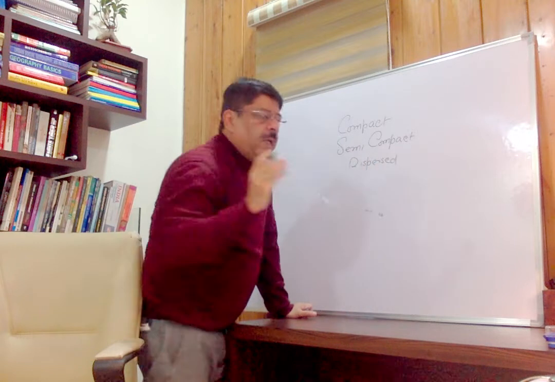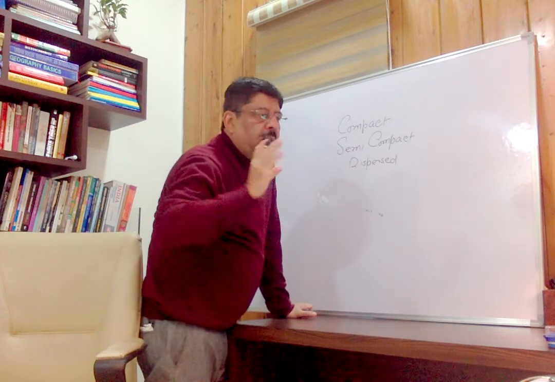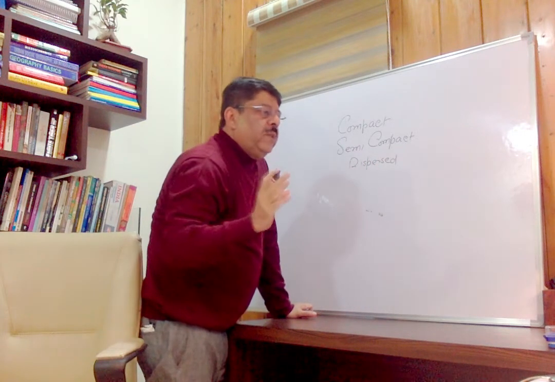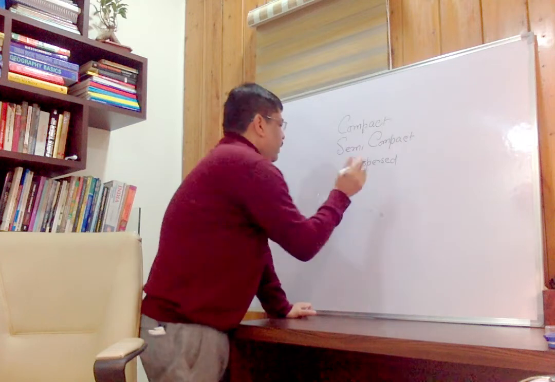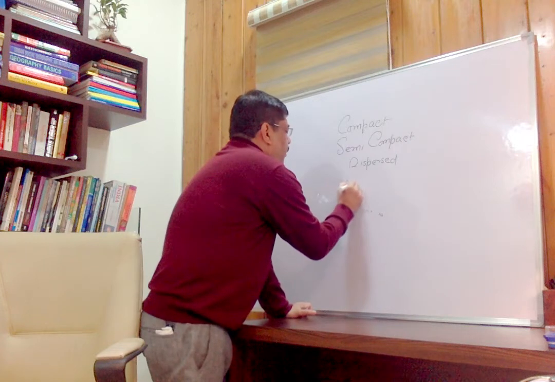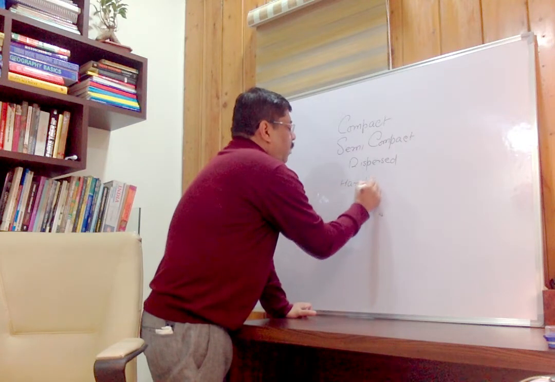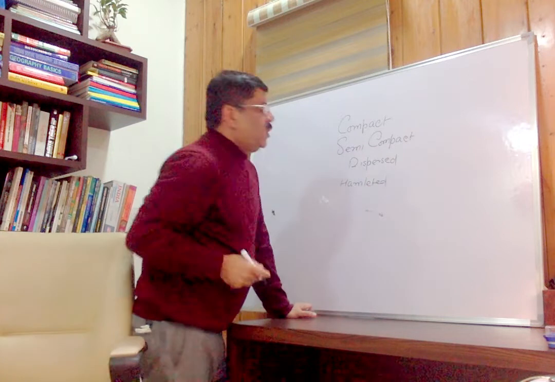We should be clear that there is a difference between types of rural settlements and patterns of rural settlements. Here we are discussing types of rural settlements. It is not pattern.